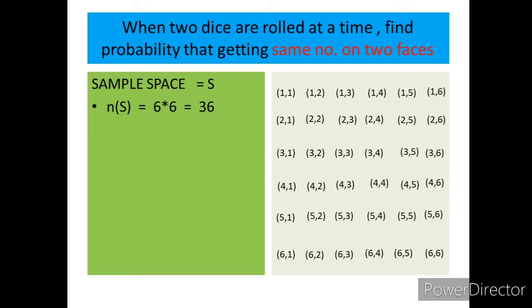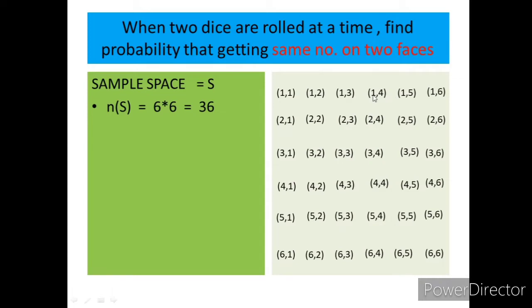These 36 are the actual outcomes in this sample space. Now here, what is the required event? Getting the same number on two faces. Among these 36 outcomes, where can you find the same number on two faces?